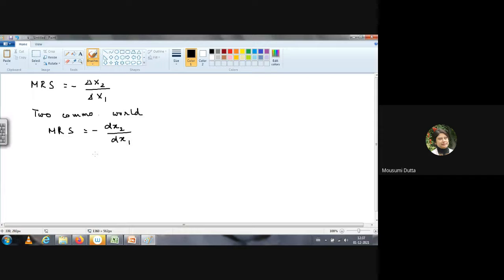Dx2 by dx1 is negative by default. So when I am writing minus of dx2 by dx1, this indicates we are considering the absolute slope of the indifference curve.